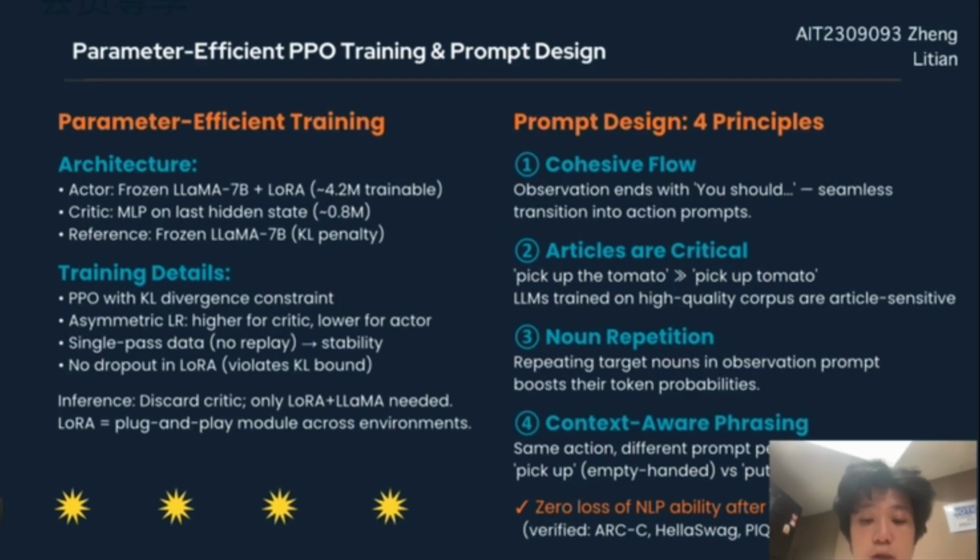The framework also follows prompt design principles: mainly observation and action flow, preserving articles, repeating key lengths, and using context-aware phrasing. The resulting LoRA model is lightweight, transferable across environments, and preserves the LLM's original language capability.